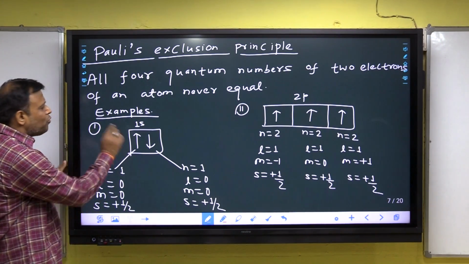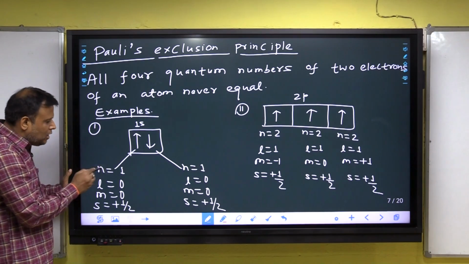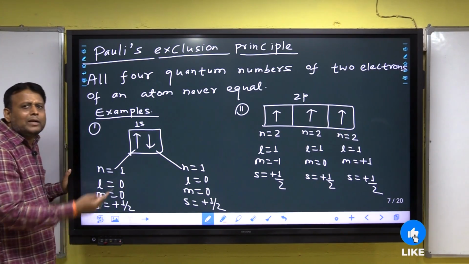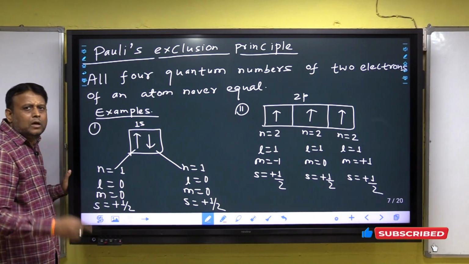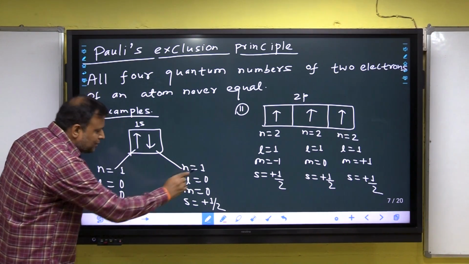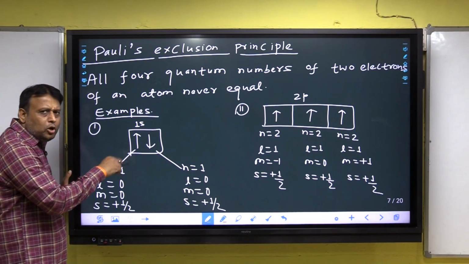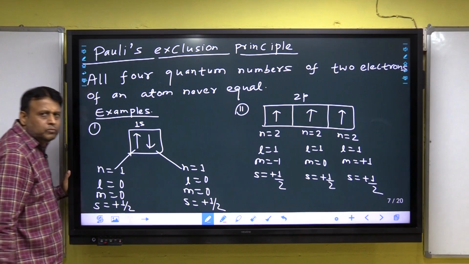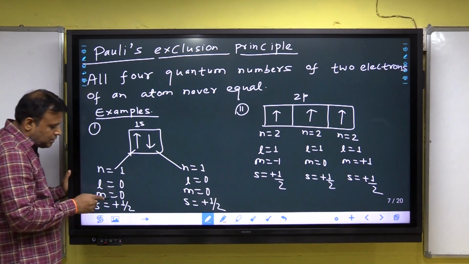Example, 1s2, one electron, one electron. In 1s, for both electrons, the principal quantum number is 1, the same. In the s suborbit, the azimuthal quantum number is always 0, and hence for both electrons azimuthal is 0, the same. When L is 0, M is 0, and hence for both electrons M is equal to 0. But for the upward electron, that means clockwise, the value is plus half.